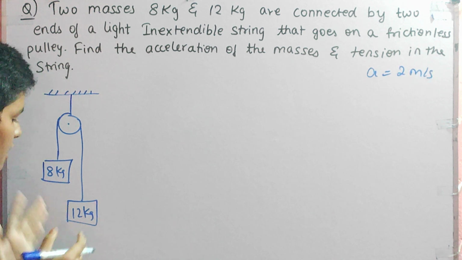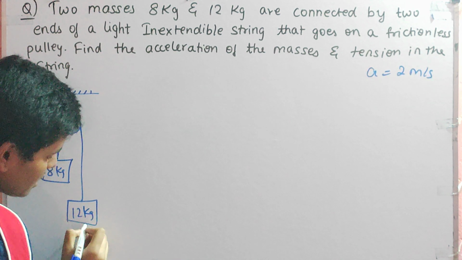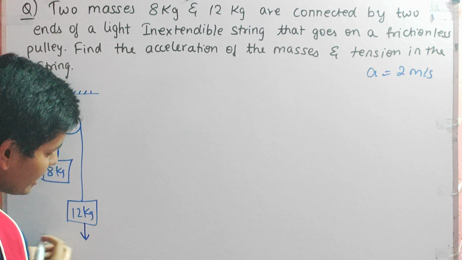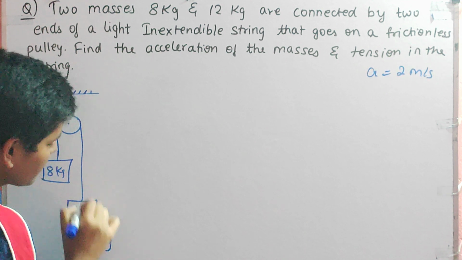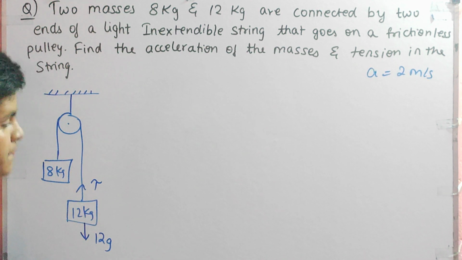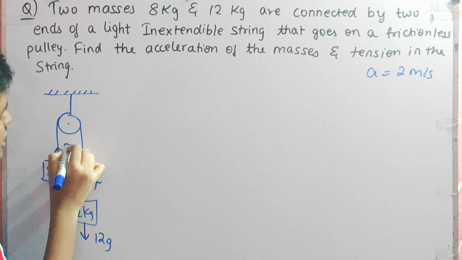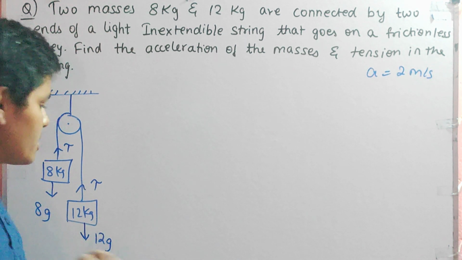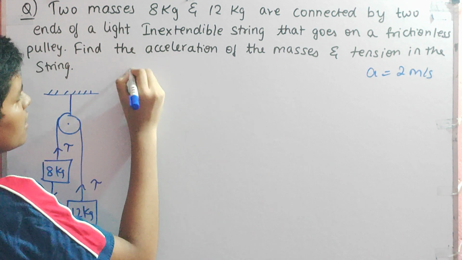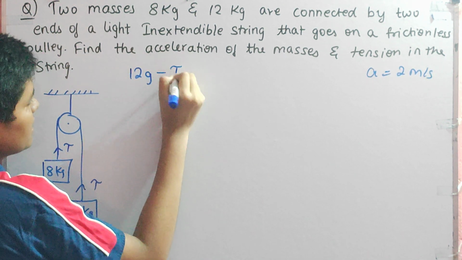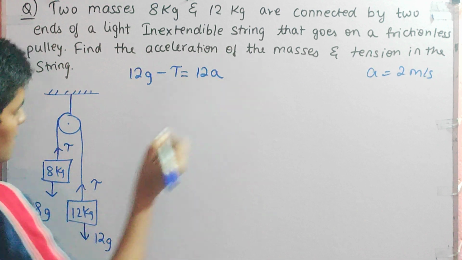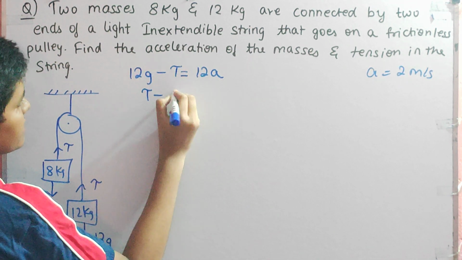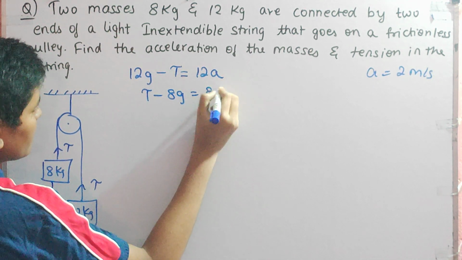So acceleration. Take this 12 kg mass. Draw the free body diagram. Here it is 12g and upward it is tension T. Similarly here it will be the tension T and here it will be 8g. So let us make the equations. Here, 12g minus T is equals to 12a, and here T minus 8g is equals to 8a.